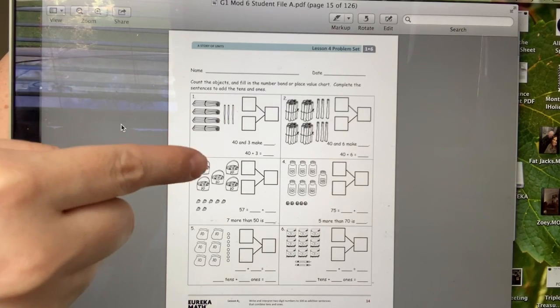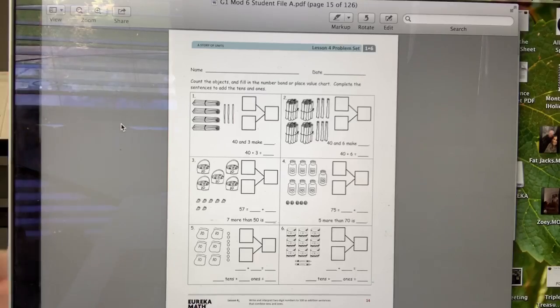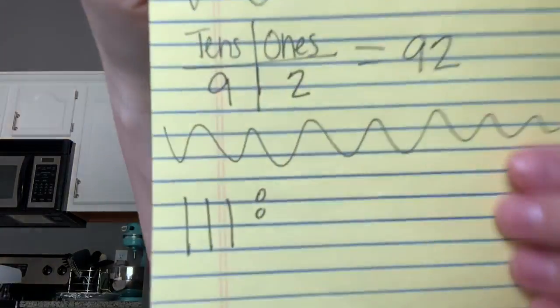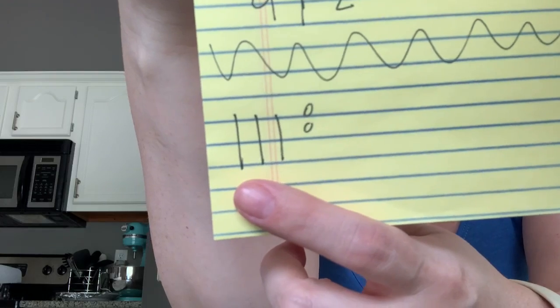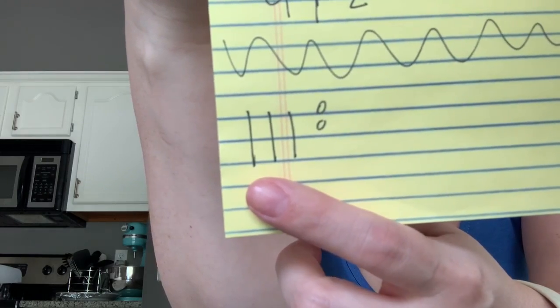Now, here in lesson 4 is where we're going to review that breaking down of our numbers. For instance, they're going to give you those bundles and those pictures. So, let Miss Bowden do an example. Okay, here's my picture. What number is that? 32.